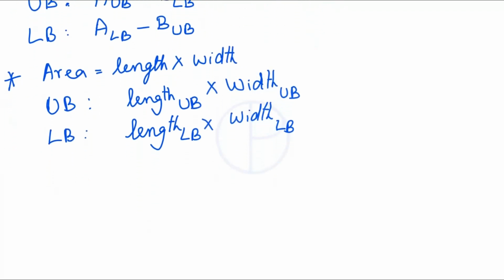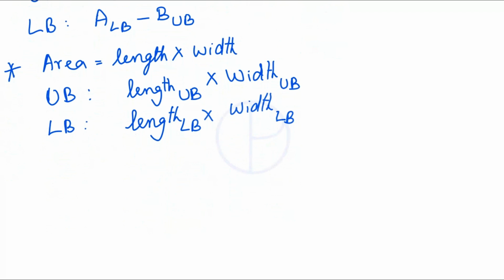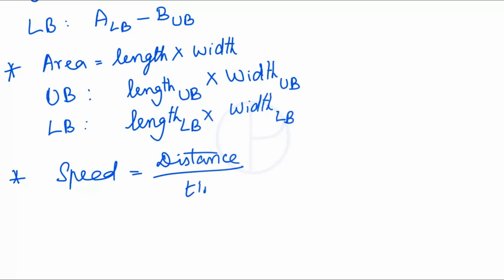Next, the calculation which involves division. For example, consider calculating the speed, which is equal to distance over time. Find the upper bound value for speed. You have to take the upper bound value for the distance, and the lower bound for time.